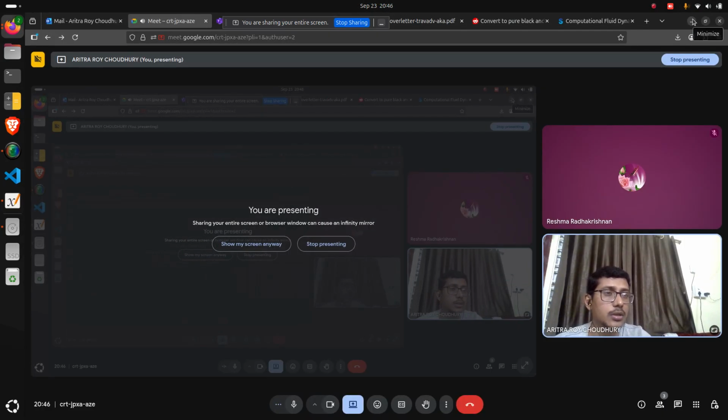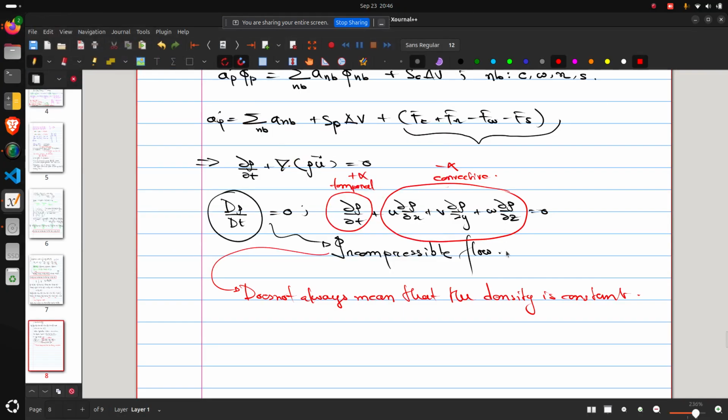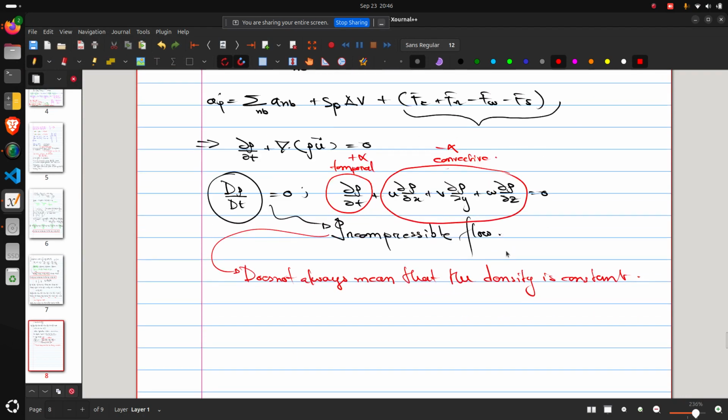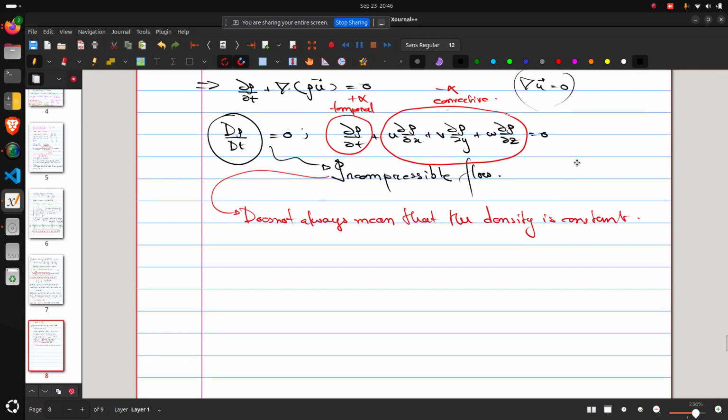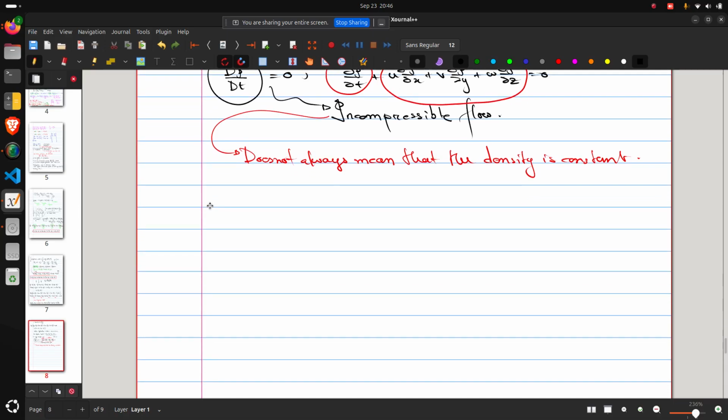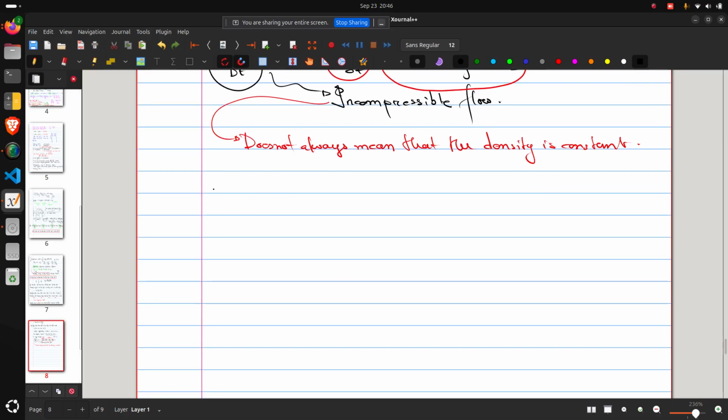It's actually very confusing the first time, but by incompressible flow, we generally define it as the divergence of the velocity vector being 0, right. But this is not the correct definition of an incompressible flow. It comes from this thing, right, that the material derivative is 0. So in the conservation of mass equation, what did we find?